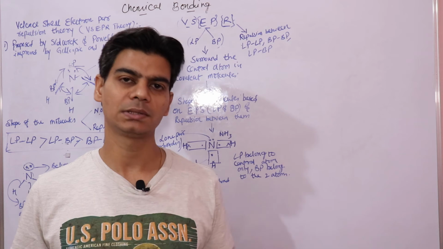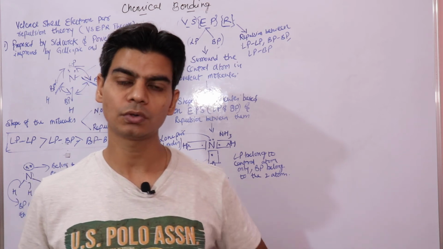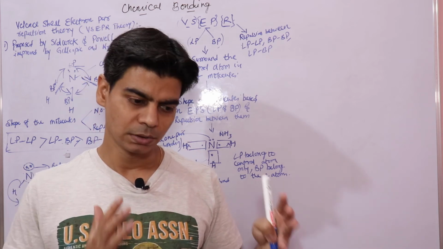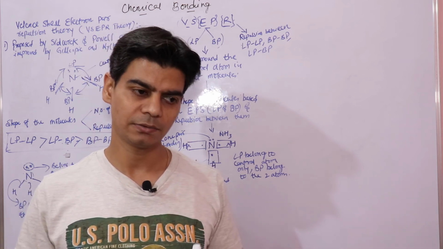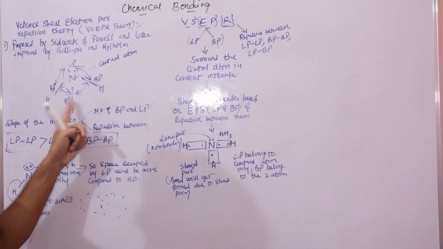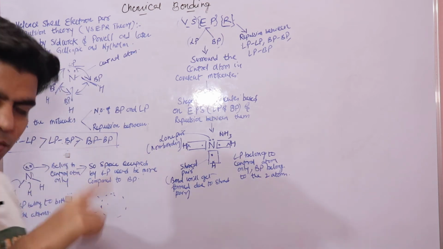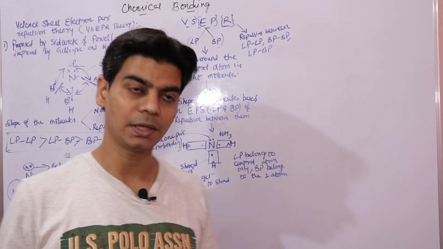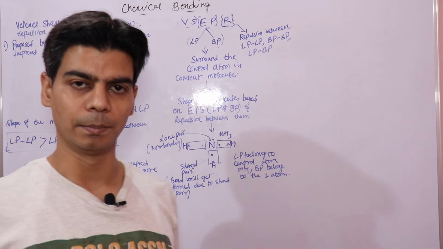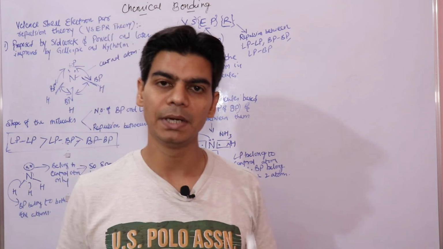And we know that every system will try to acquire a state of minimum energy, and this force of repulsion will increase the energy, right? Since this force of repulsion is trying to increase the energy, this molecule will try to arrange the lone pair and bond pairs around this central nitrogen atom in this case, such that the force of repulsion is minimum, right?